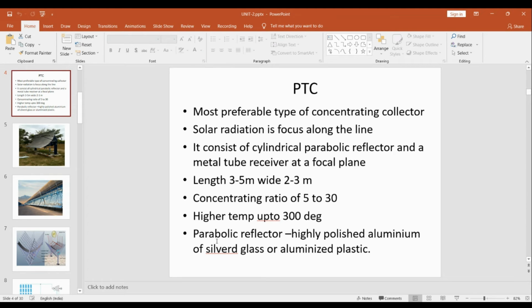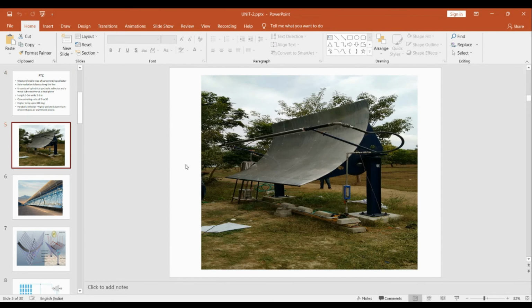Again, for the parabolic reflector, some specific materials are used: highly polished aluminum or silverized glass. Two possible materials are there: highly polished aluminum or silverized glass, or aluminized plastic. In this particular one, highly polished aluminum or silverized glass is used.